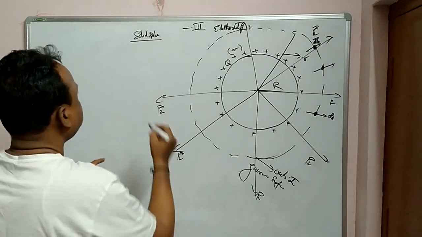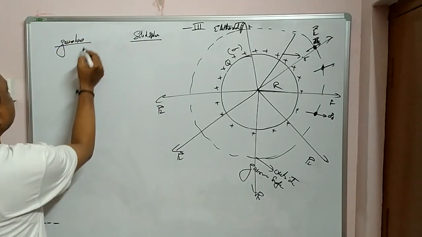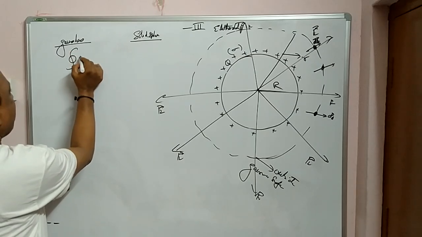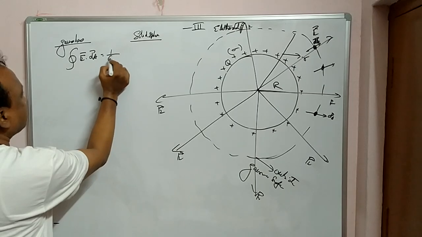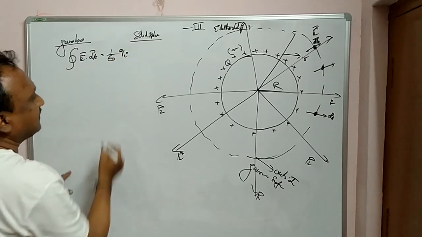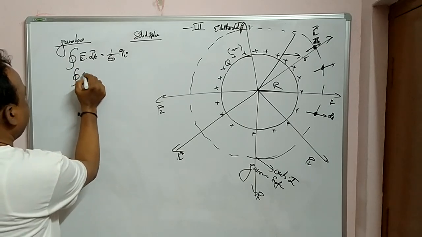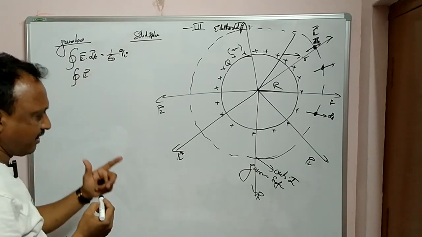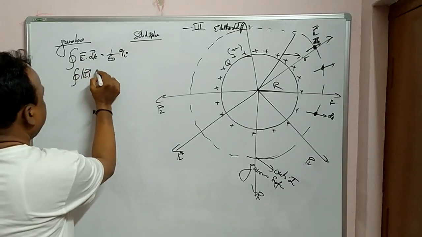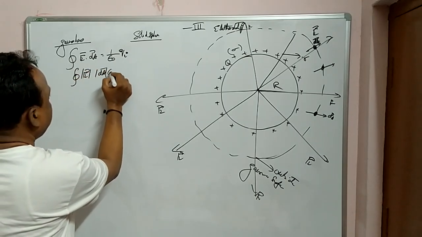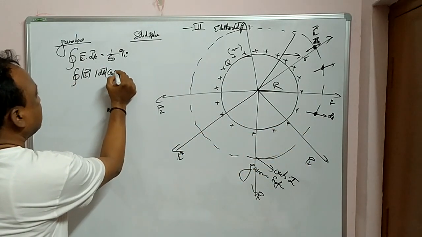Now I will apply Gauss law. What is Gauss law? Integral of E dot dA is equal to 1 by epsilon naught times q inside, the charge inside. E dot dA means the dot product of the two vectors, that is the magnitude of E, magnitude of the surface area, into cos of the angle between the surface and E, which is 0 degrees.